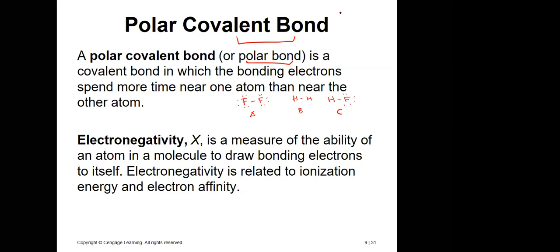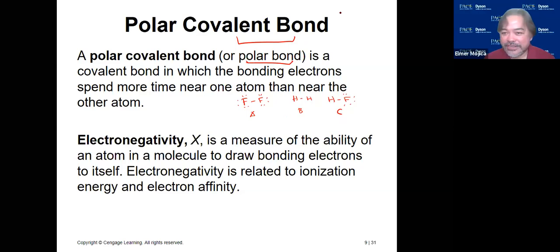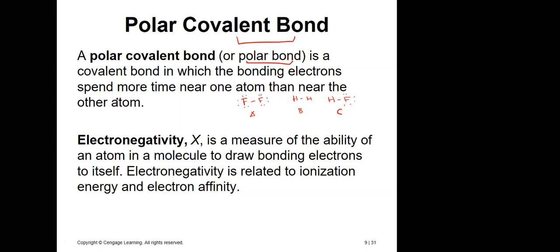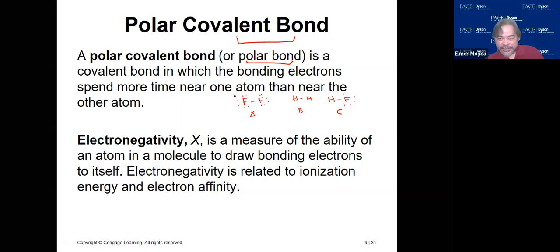C. All of them are covalent bonds, but only one of them is a polar covalent bond. Look at the definition: in C, the bonding electrons spend more time near one atom than near the other atom.